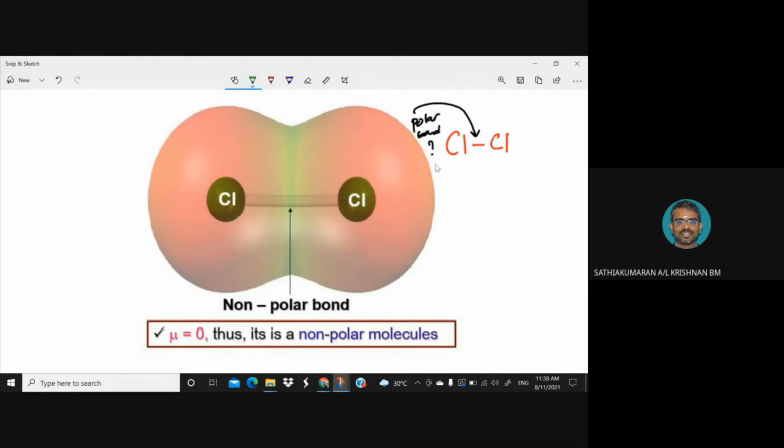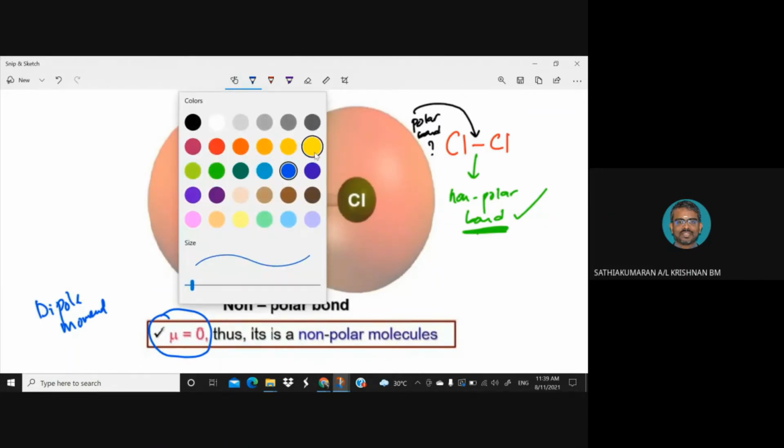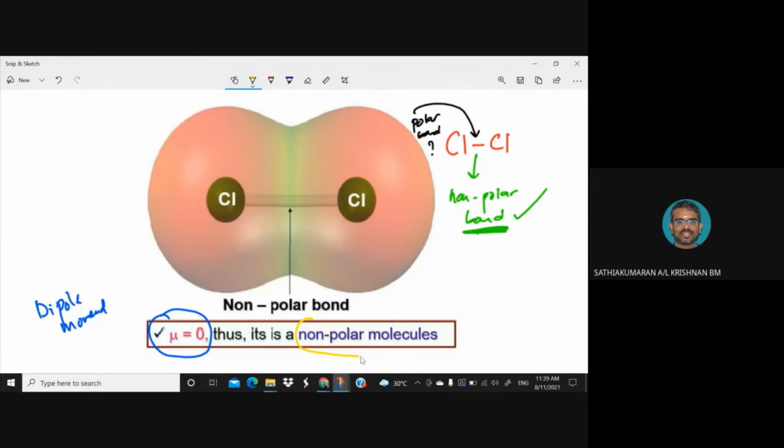So we call this bond a non-polar bond. And what happens to the dipole moment? The dipole moment is mu equal to 0. If mu equals 0, that molecule is a non-polar molecule. Molecule means the overall.